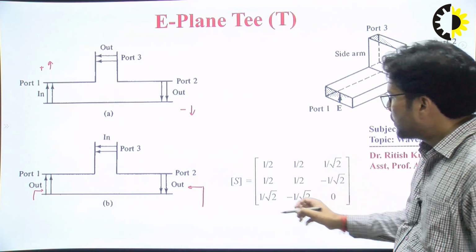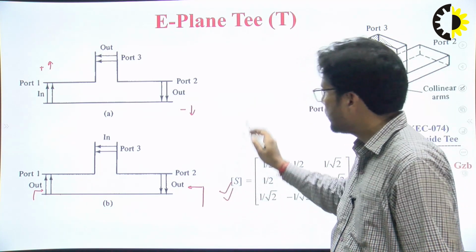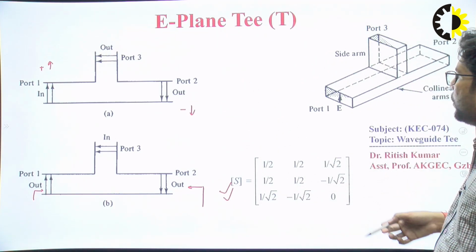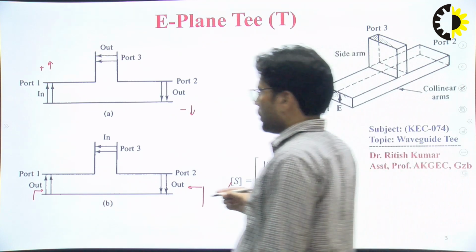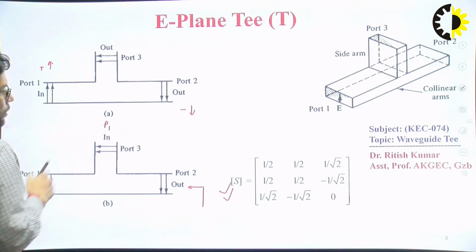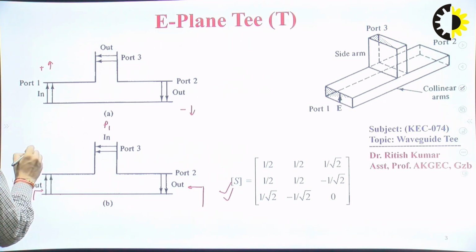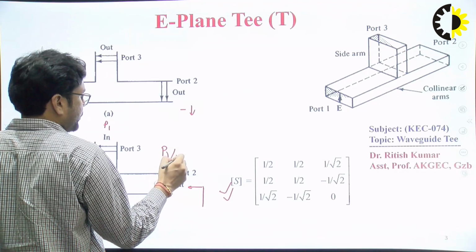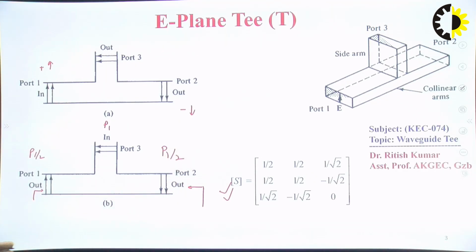Now this is the scattering matrix for this passive device, the E plane T, and you can observe that if you give the power P1 at port number 3, then you will have approximately P1 by 2 at these two ports, because power is equally divided between port number 1 and port number 2.